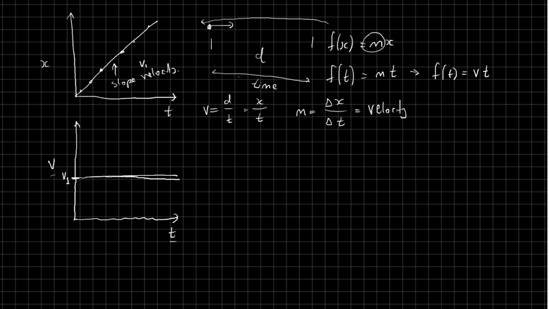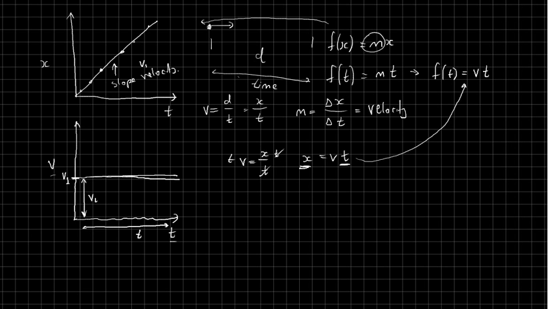And what we notice is that we can rearrange the equation v equals x over t for x. And so x is going to be equal, if we times both sides by t, t's cancel, and we've got v times t, which is actually what we've got up there. So if we want to work out the distance travelled over a certain amount of time, we just have to multiply this v1, which is the height here, by the time it takes.